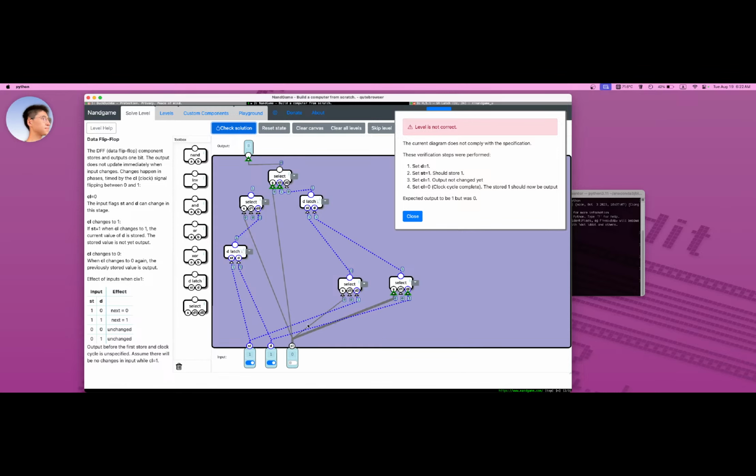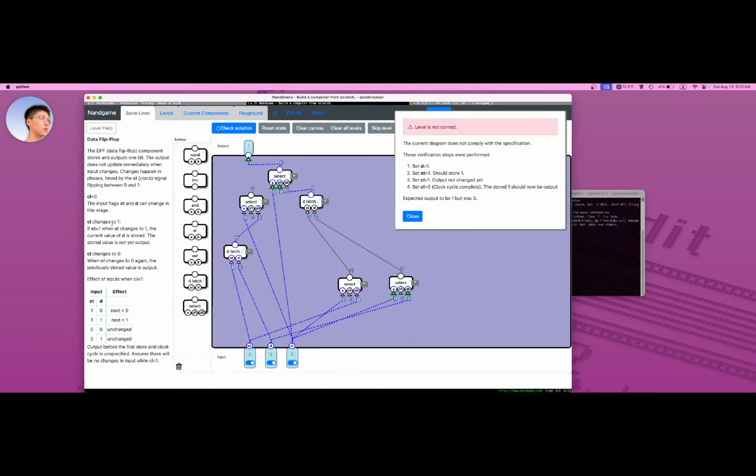Okay, set D to 1, set ST to 1, should store a 1, yes. Change clock to 1. Output not changed yet.